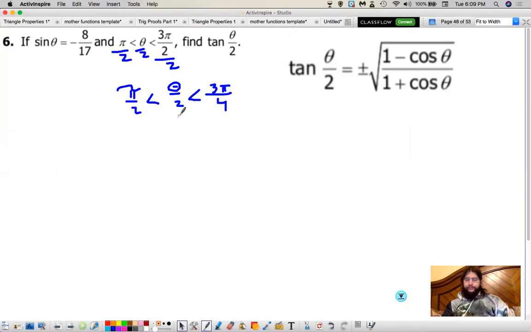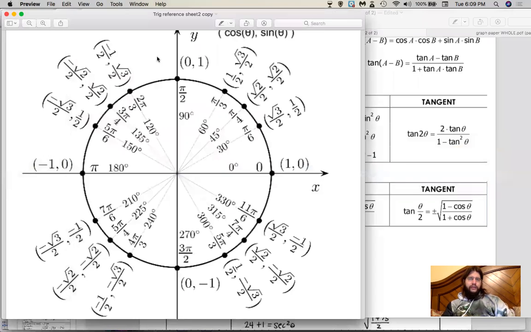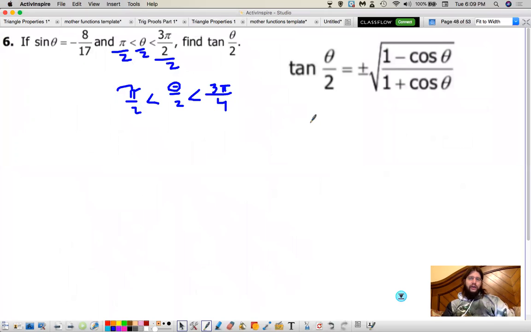Let's find out whether that's going to be positive or negative for tangent. Pi over 2, 3 pi over 4. All Students Take Calculus, so yep, tangent's going to be negative in this one. But you can also look here. We got a negative over a positive, or a positive over a negative, really. So definitely going to have a negative for our tangent.